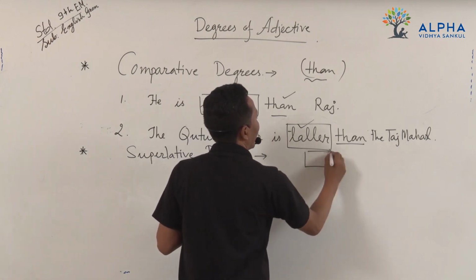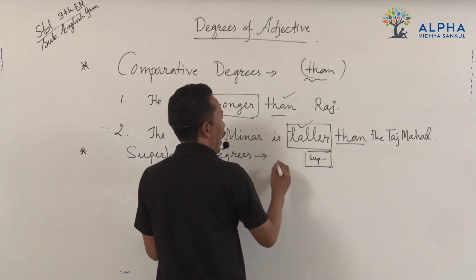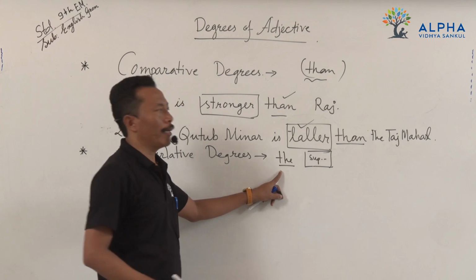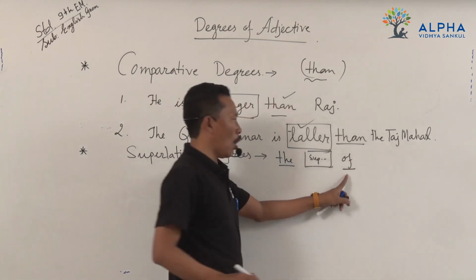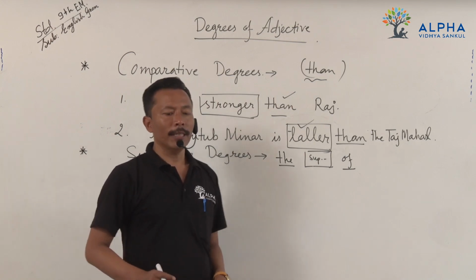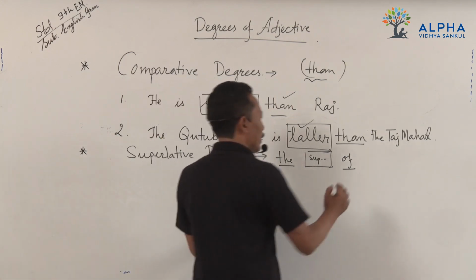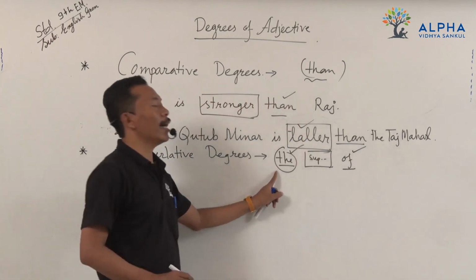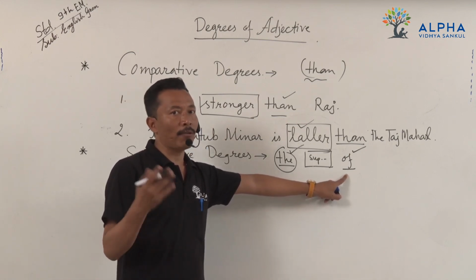Just before the superlative, the article the will be there, and sometimes of. This of is not compulsory. Sometimes in some sentences you may not see it, it depends on the sentence, but the is compulsory, and of sometimes comes, sometimes will not come.